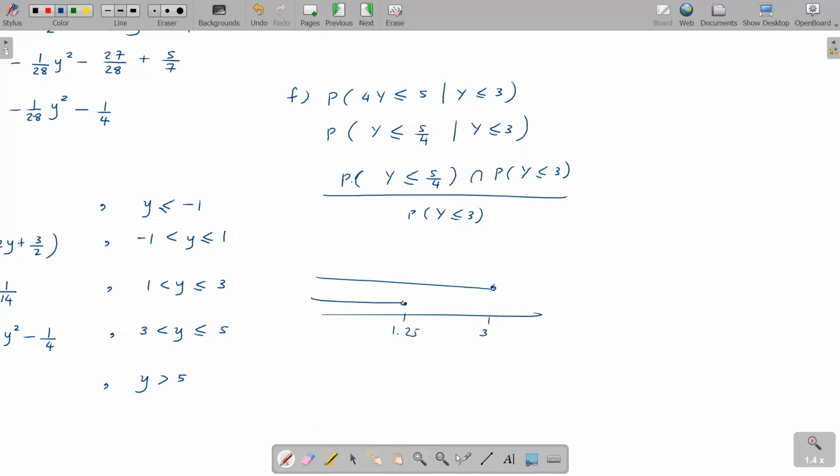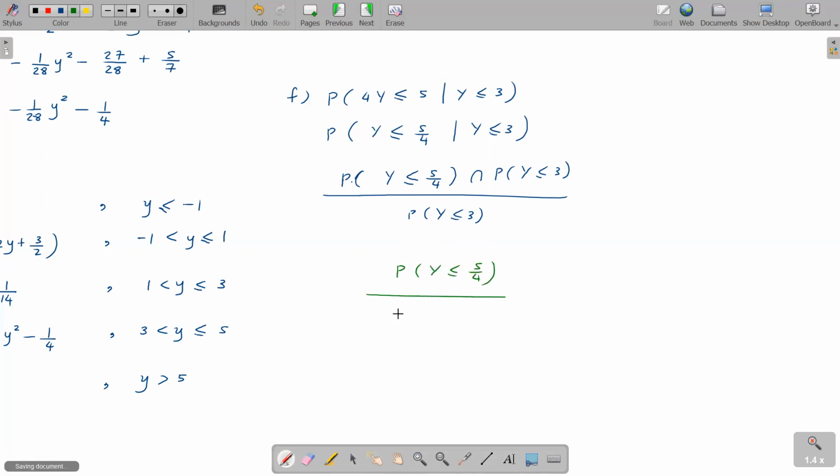What's the intersection of both of them? Y less than or equal to 1.25. We'll work with that. So the intersection is y less than or equal to 5 over 4, divided by y less than or equal to 3.